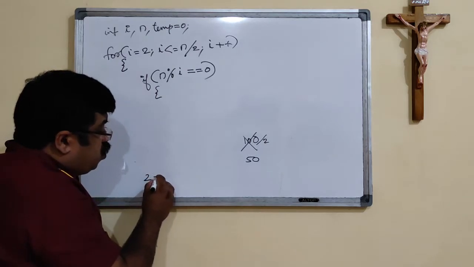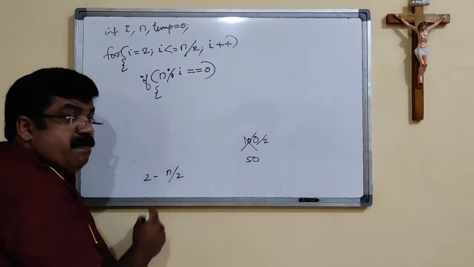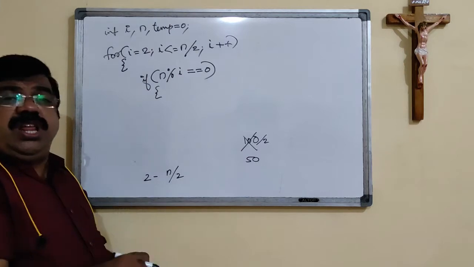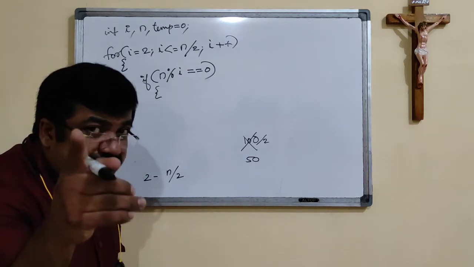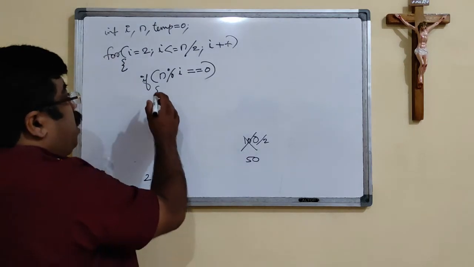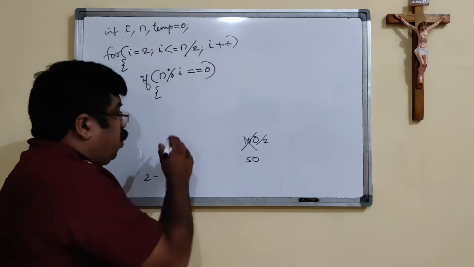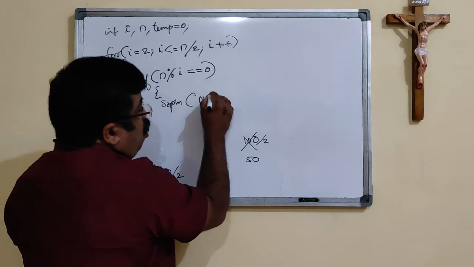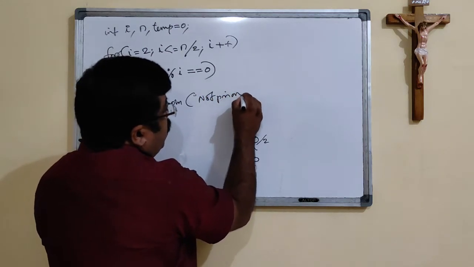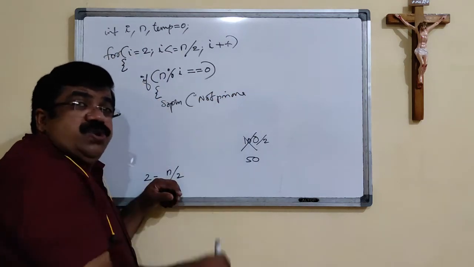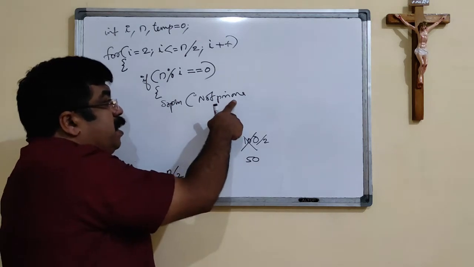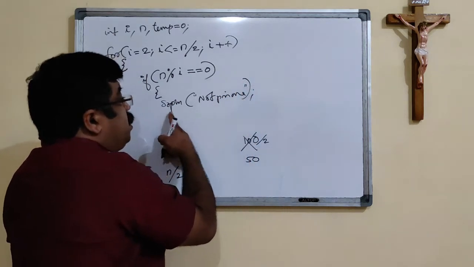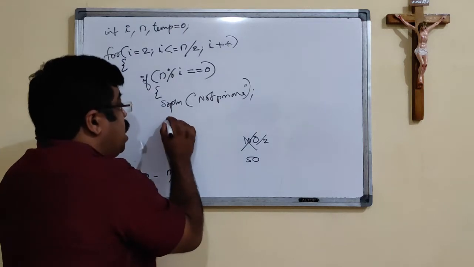Between 2 and half of the number, if there is any factor, that number is not a prime number. If n modulus i equal to 0, we will take the decision: System.out.println not prime. If any factor is found, then that number is not prime. It is printed. Decision is taken.